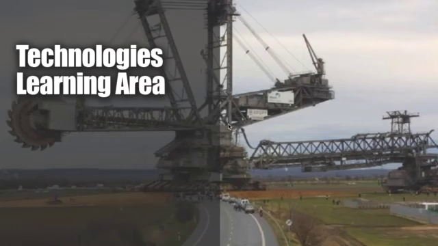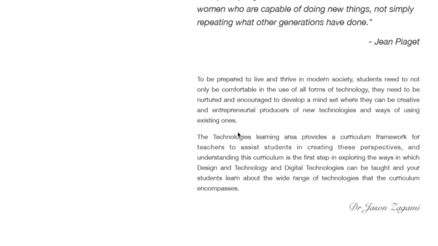So the technologies learning area is a brand new curriculum for Australia. And it's the first time we've had a new curriculum since the introduction of geography in the 60s. And in particular, digital technologies will be very new. We've had technology or design and technology in the curriculum for almost 10 years now, since the Melbourne Declaration by all the state ministers decided that technology or technologies would be one of the key learning areas for Australian students to learn.